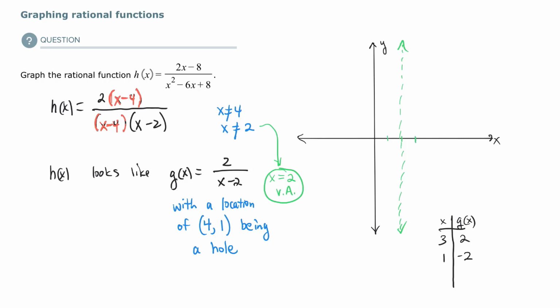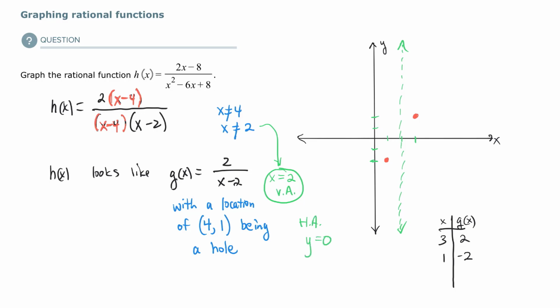We have 3, we have 2. So 3, 2, there's an ordered pair there. We have 1, negative 2. There's going to be another ordered pair here. There's one thing I forgot that's really important. I also need to label the horizontal asymptote.